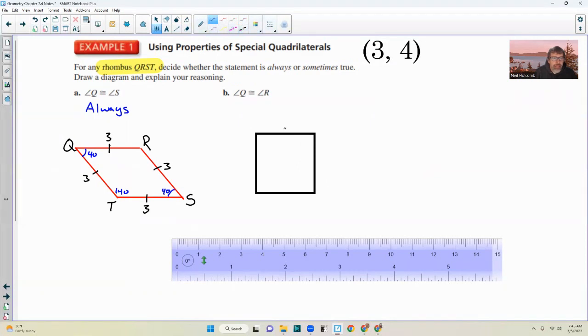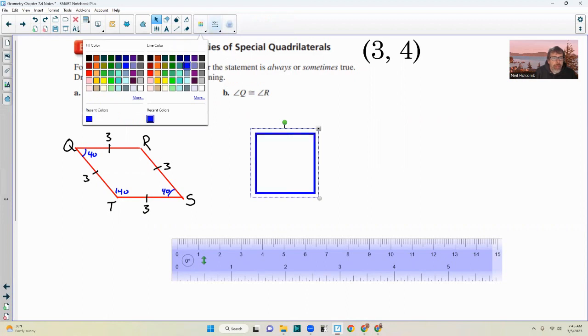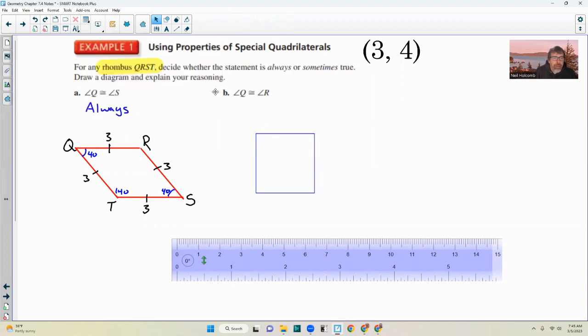I don't like black for my outline. Let's see. So I'll just click on here and make it blue, and make it thinner. Okay, so here's a square. So if I name this Q, it's a bad Q, Q, R, S, and T.